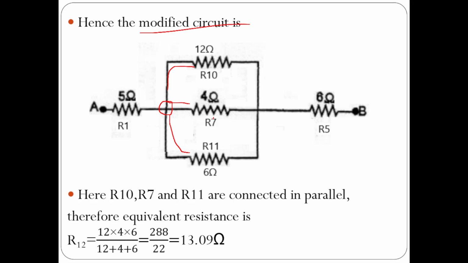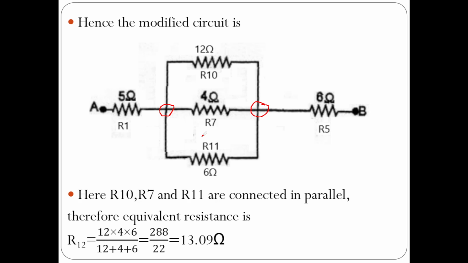We know when elements are connected in parallel, they have a common starting end and a common finishing end. So we can say this 12 ohms, 4 ohms and 6 ohms are connected in parallel.